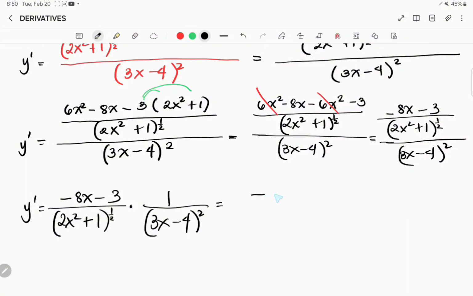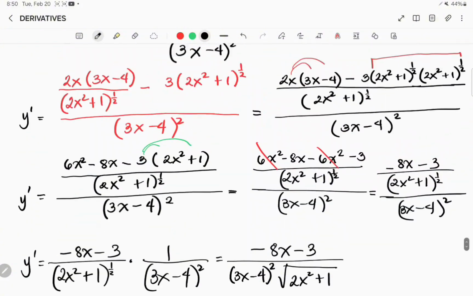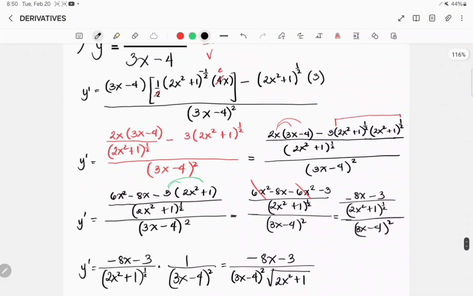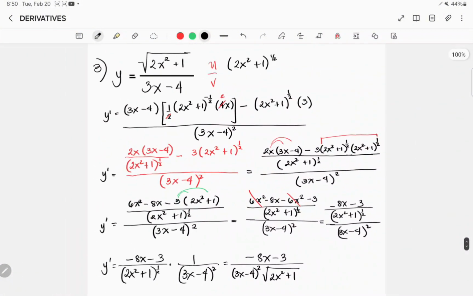Multiplying the numerators, we have negative 8x minus 3 over 3x minus 4 squared times the square root of 2x squared plus 1. So that's the derivative of the given function.